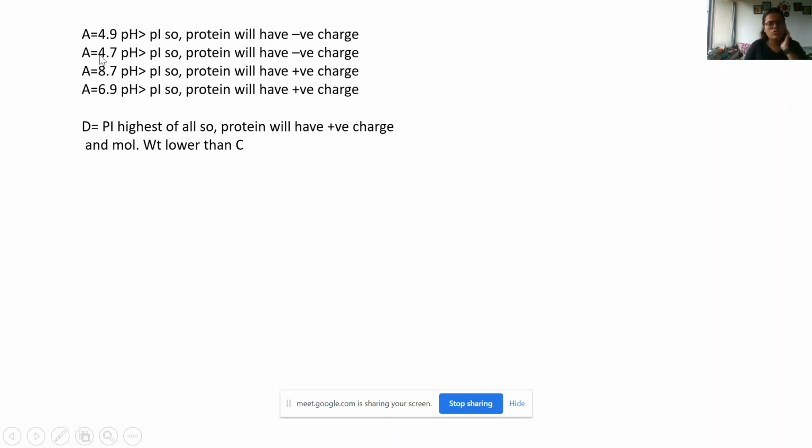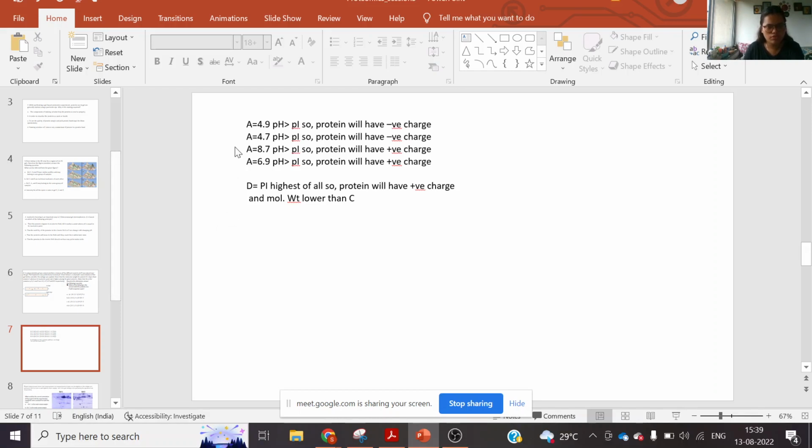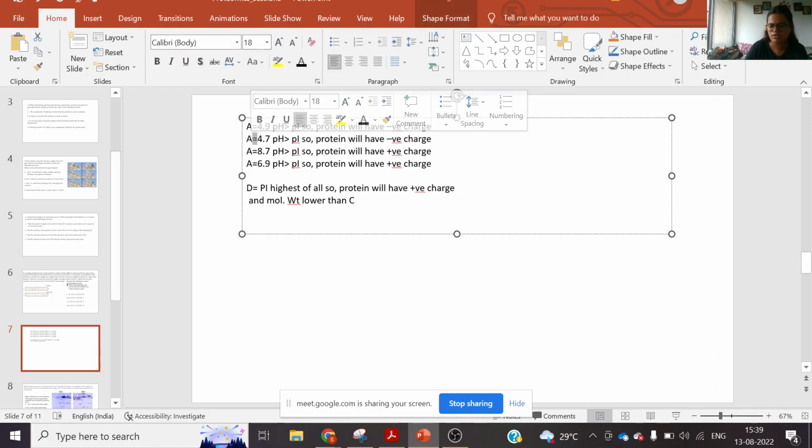Okay. So I just forgot to mention, this is for protein B, this is for protein C, and this is the value for protein D. Correct me if I'm wrong here.